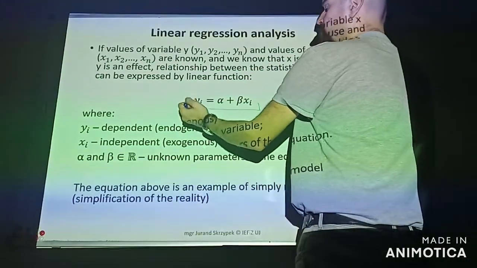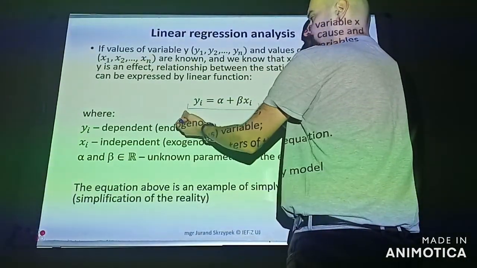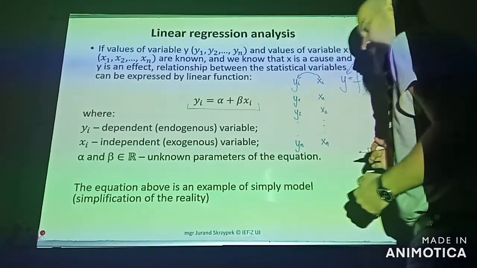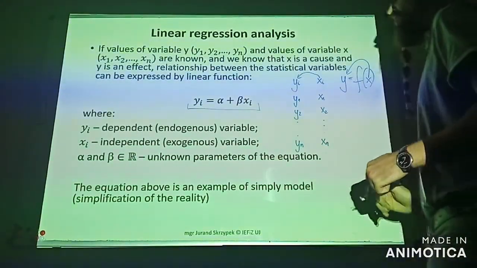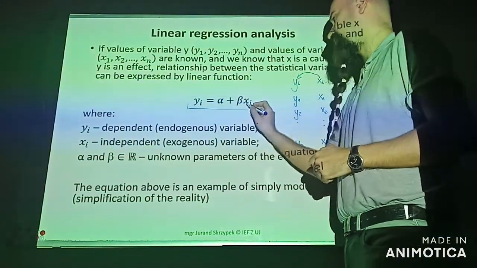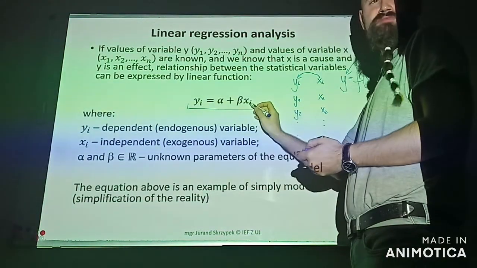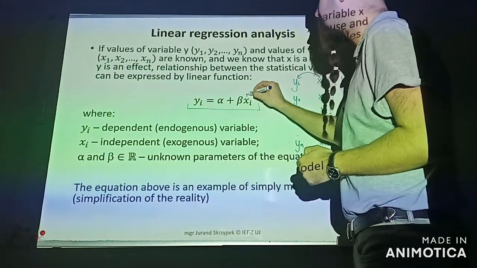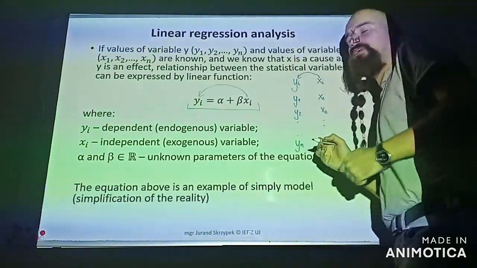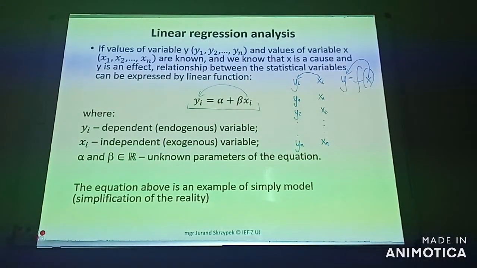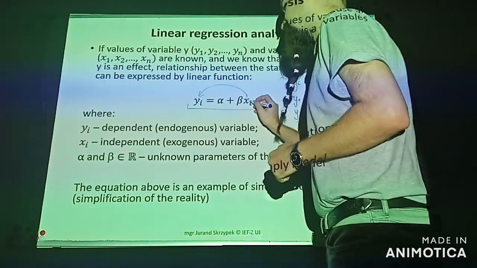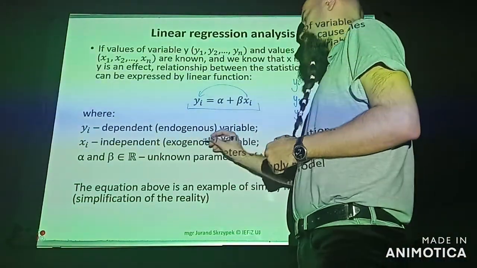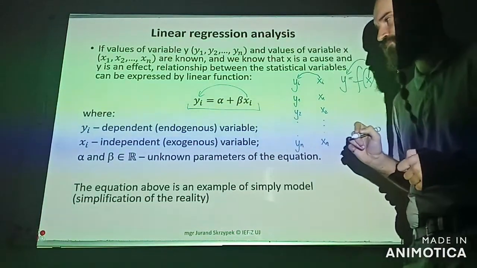This is the example of a simple economic model, in which we have x, a determinant of y, of course. X determines the values of y. X is called independent or exogenous variable.